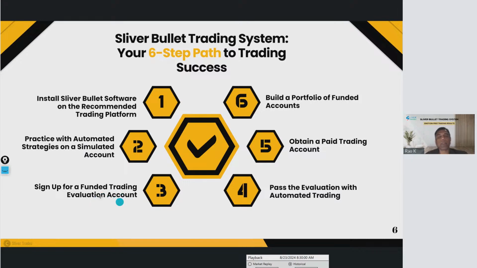So evaluation accounts, how they work is, the trading companies, the funding providers, will want to know your proficiency level. They want to make sure you understand futures trading, and that you can achieve a profit goal. You can demonstrate that by achieving a certain number of dollars for a particular account.